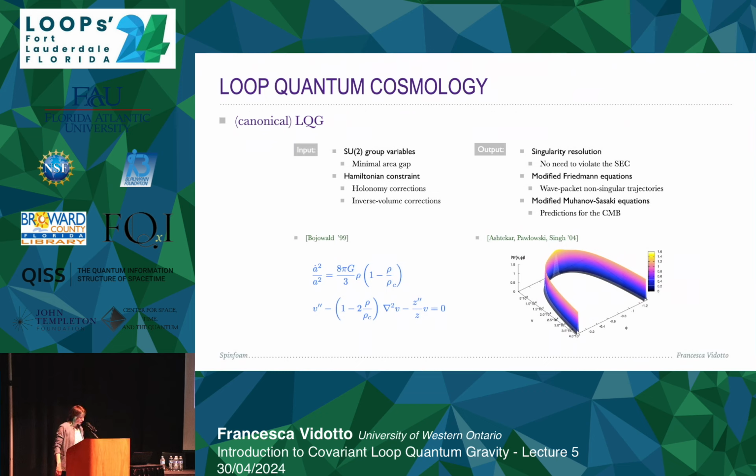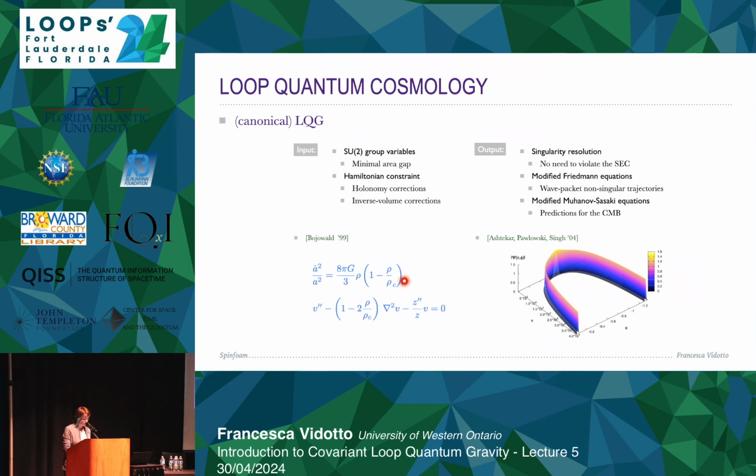And the equations are beautifully simple. The correction at the effective level is so simple. It is this correction that you see here, in which you have a correction here.